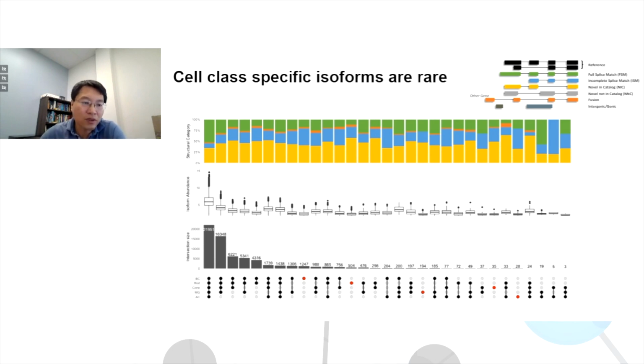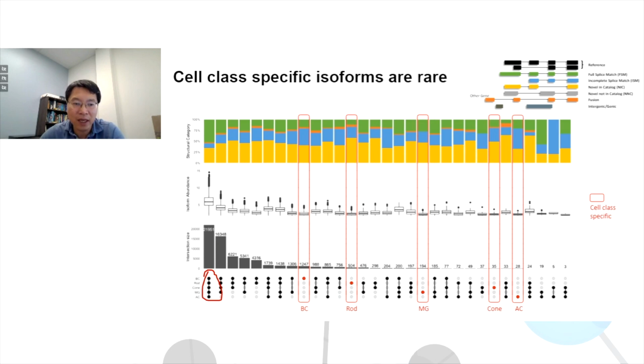The interesting conclusion is that most of the isoforms are observed in all cell classes. There are cell class specific ones, as I highlight here, and they do exist in our data set, however, they are rare compared to the rest. Most of the isoforms exist in multiple cell types. They don't show cell class specificity.